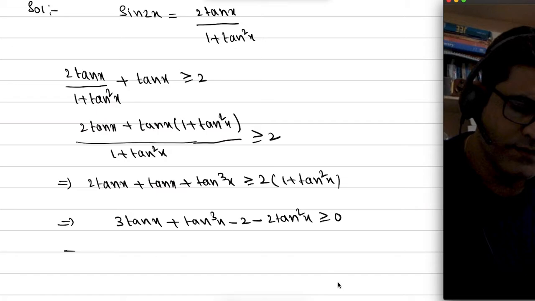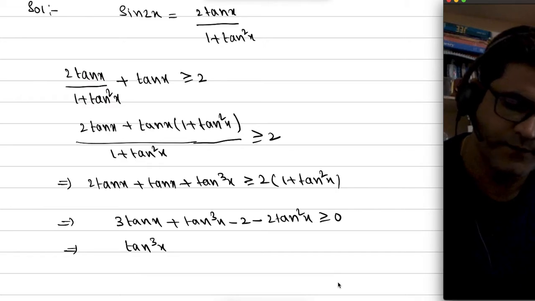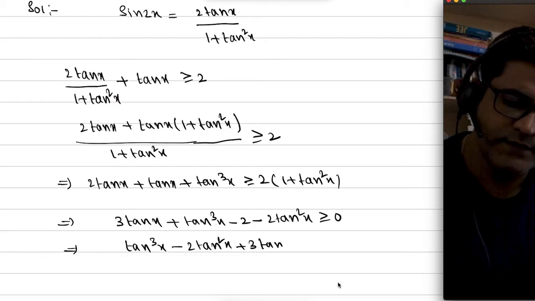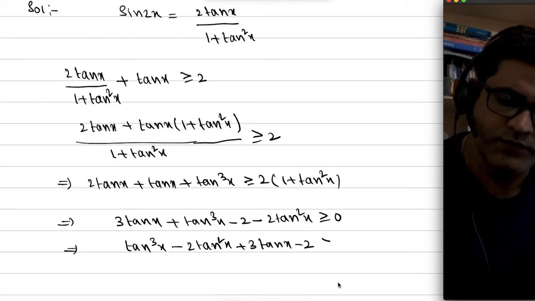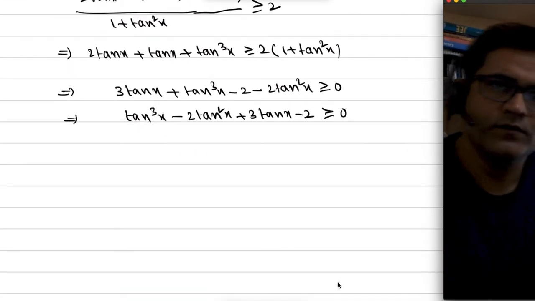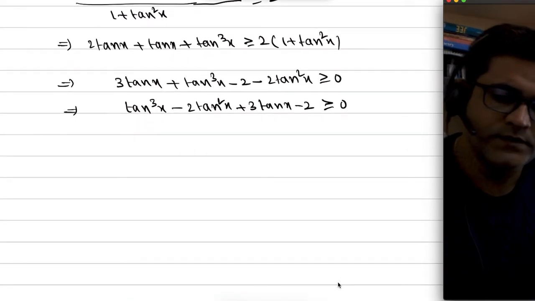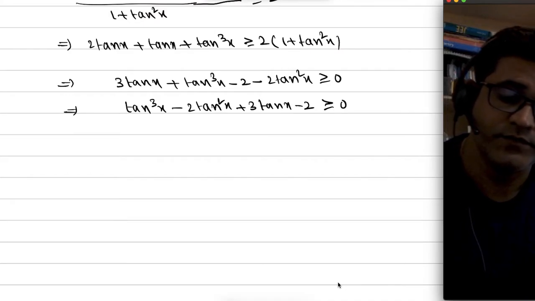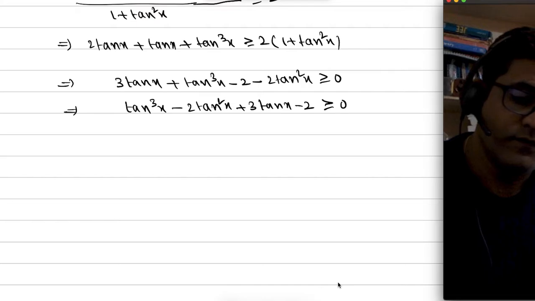If you rearrange the terms, then you will get cubic expression, that is tan cube x minus 2 tan square x plus 3 tan x minus 2 is greater than or equal to 0. Now we will factorize this expression.